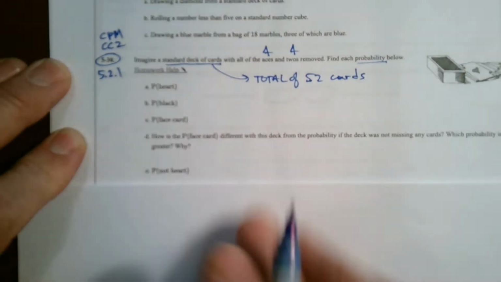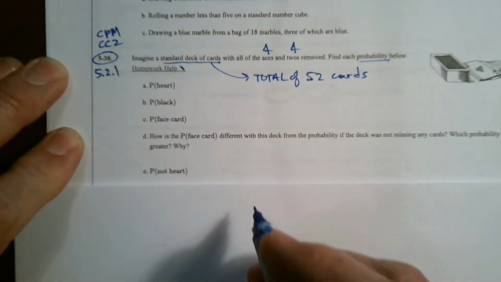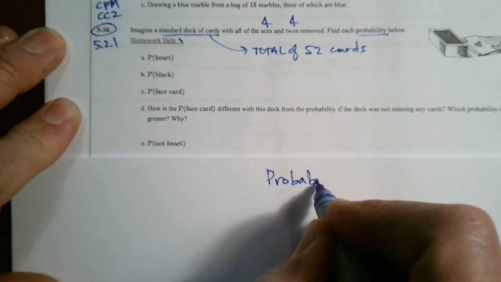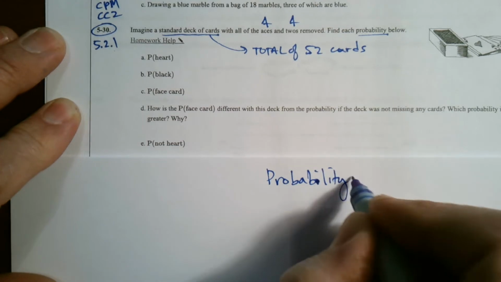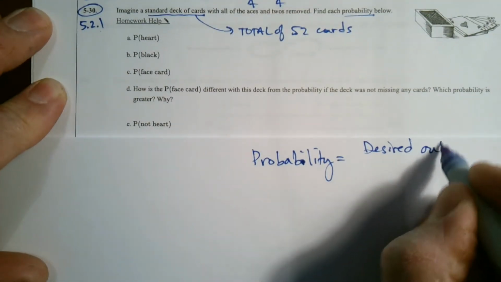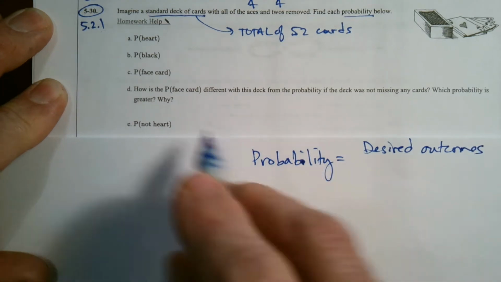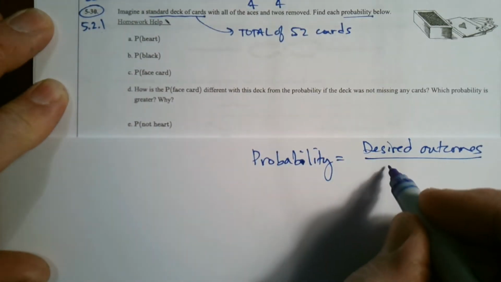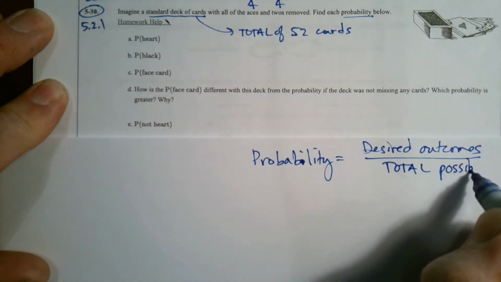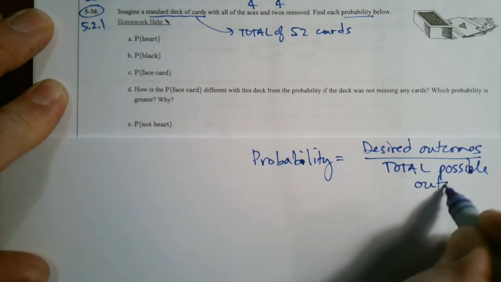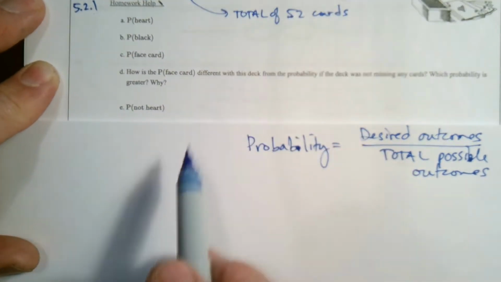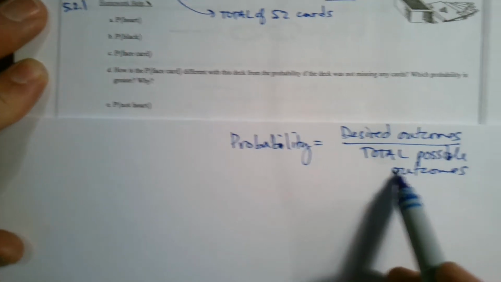Before I get into the probabilities of each of these situations, I want to remind you what probability is. Probability is your desired outcomes, basically what you're asking about, over the total possible outcomes. If it was a standard deck of cards, it would be 52 cards as the total possible outcomes.